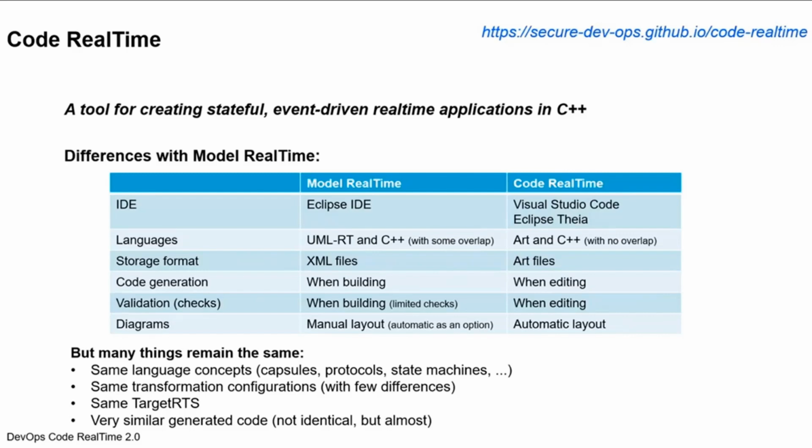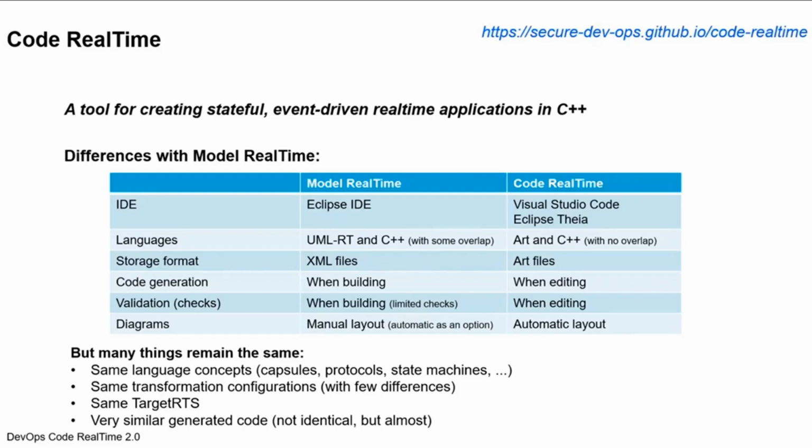There is also a difference in the language that you use when you're creating your applications. With Model RealTime, you use UML, in particular UML RealTime, and C++, while in Code RealTime, you use a language called Art and C++. And there is also a difference here that UML is a quite big language, and there is some overlap with C++.